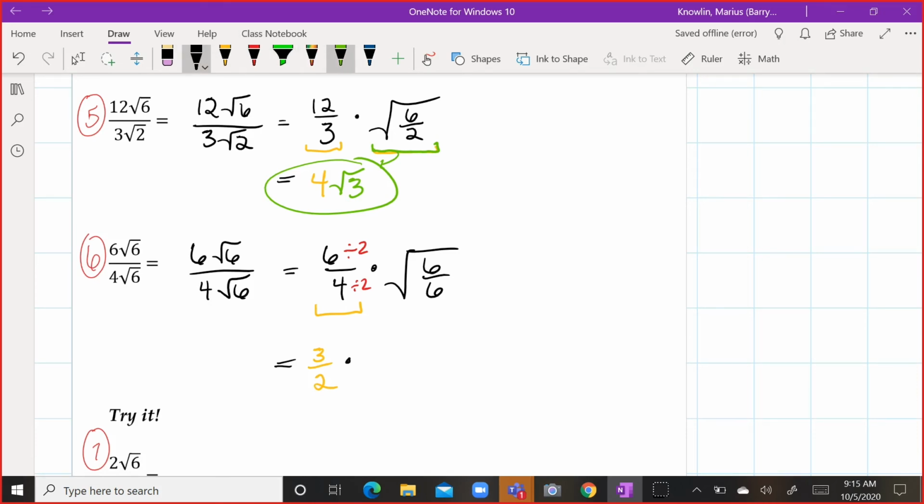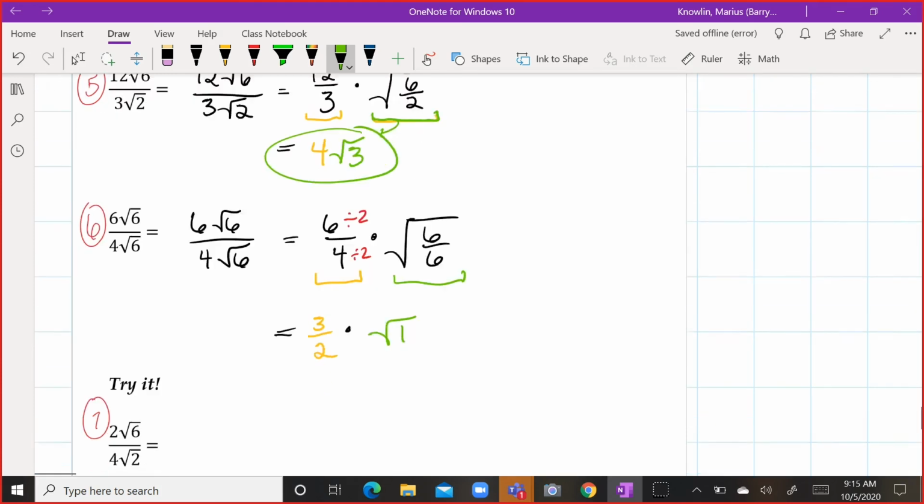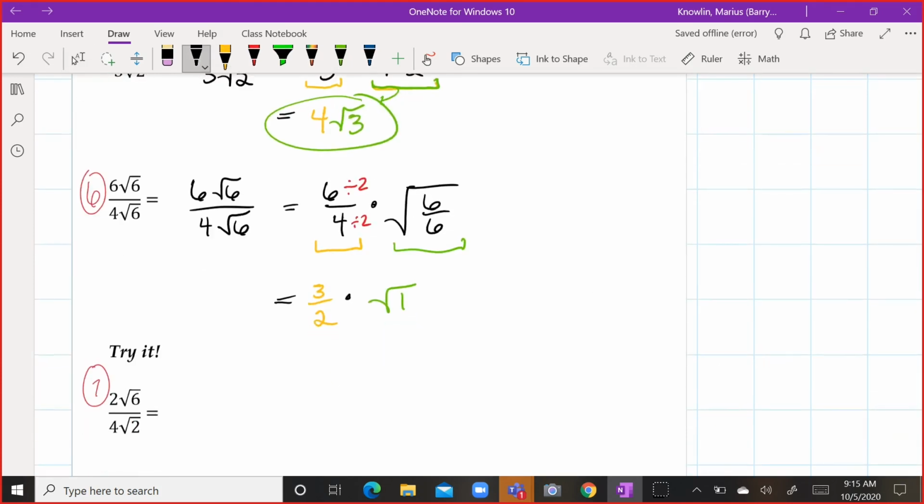Now the square root of 1 is just equal to 1. So really, we're just going to be left with 3 halves as a final answer. Just in case you didn't know, the square root of 1 equals 1, and 1 times anything is just itself.